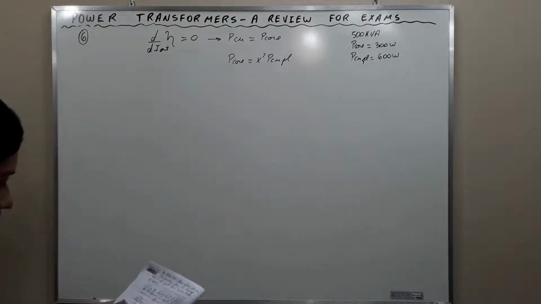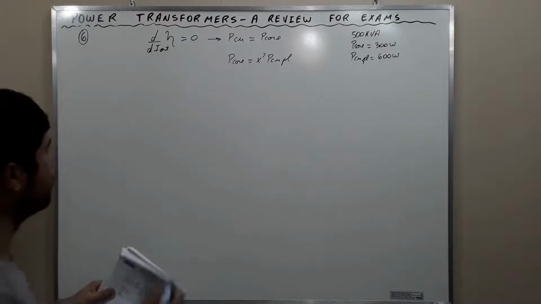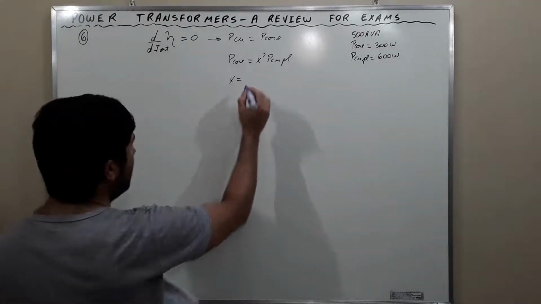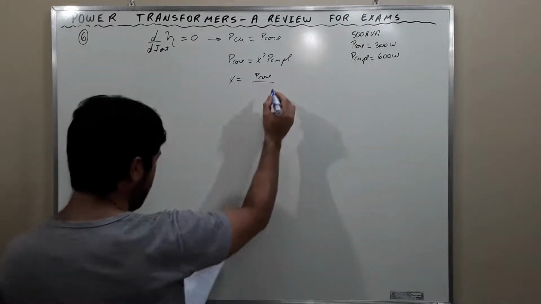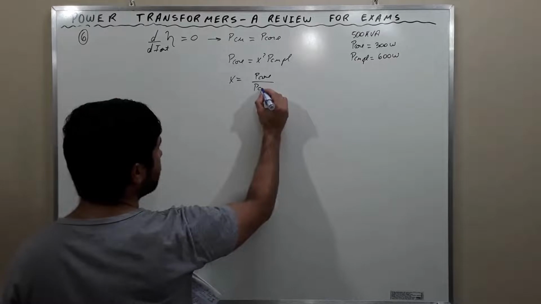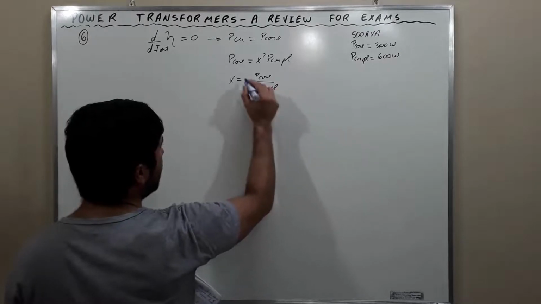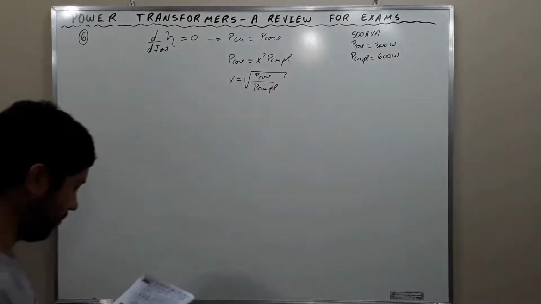Have you guys fully comprehended what I said? So X is equal to P core over PCU full load, and the square root of it.